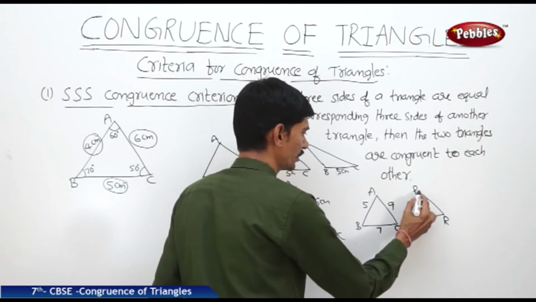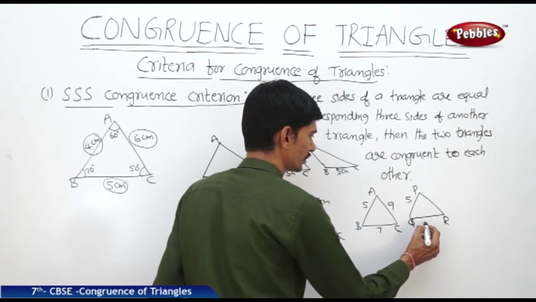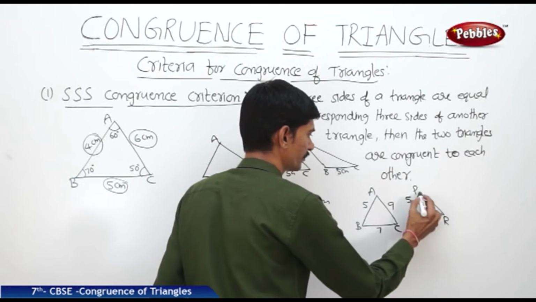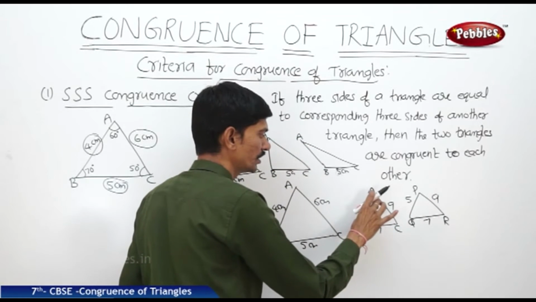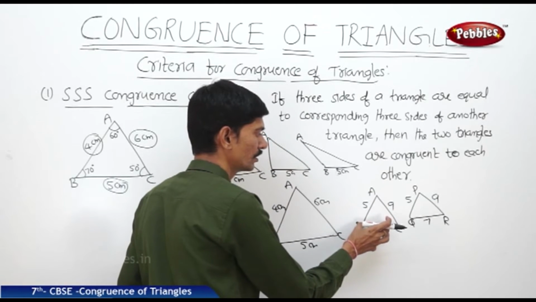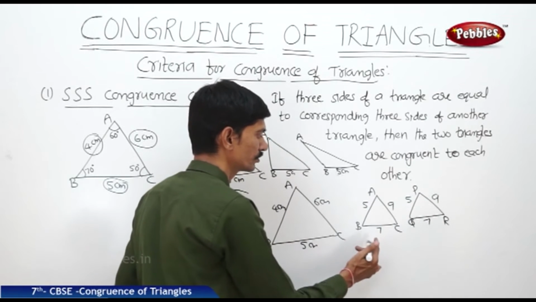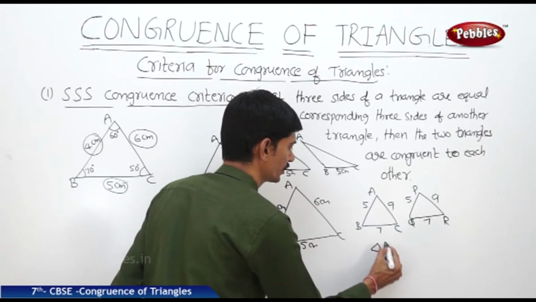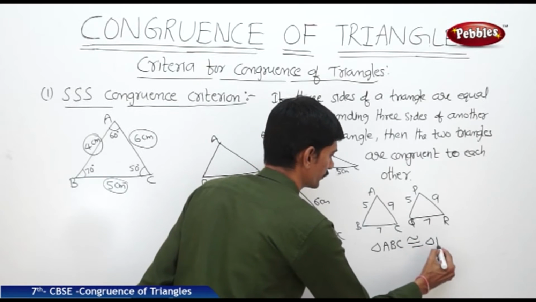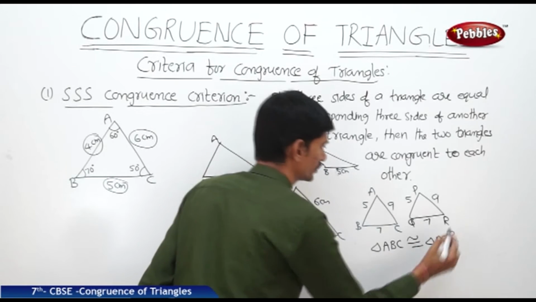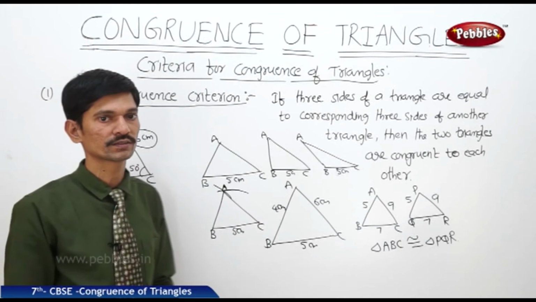And here the length of PQ is 5, the length of QR is 7 centimeters, and the length of PR is 9 centimeters. Then we can say that the three sides of the first triangle are respectively equal to the three sides of the second triangle. So we can say that triangle ABC is congruent to triangle PQR. Now this is the SSS congruence criterion of triangles.